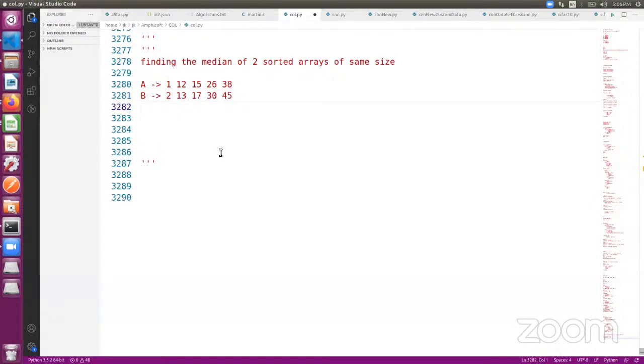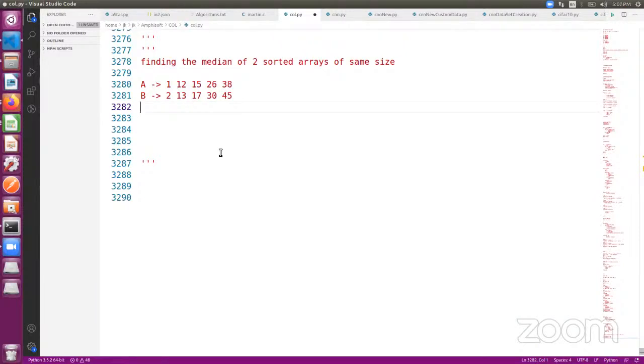What is the normal procedure to solve this problem? I want to find the overall median of these two arrays. What do you think would be the normal procedure? We can combine the lists, correct.